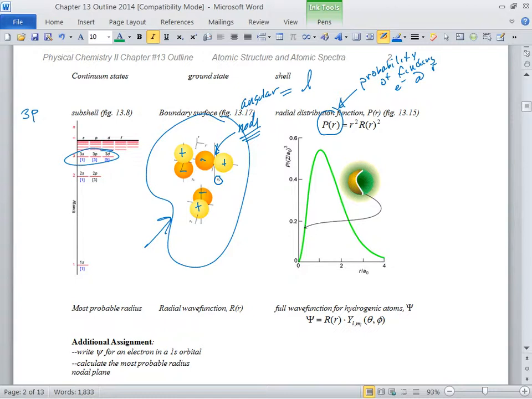That's where this eggshell idea is coming in, because it's spherical, so what's the probability of finding it this far away from the nucleus? It's kind of like an eggshell is what you're trying to find it in. This is all for a 1s orbital. That's what this plot is for.